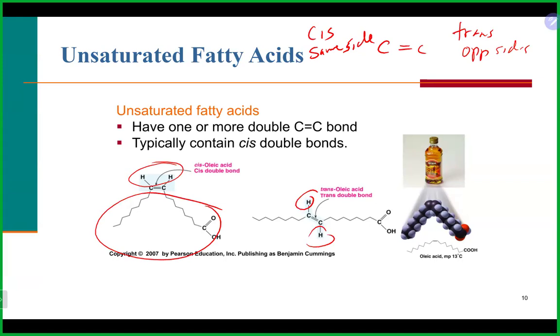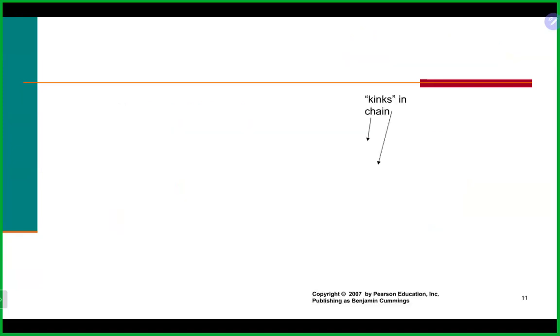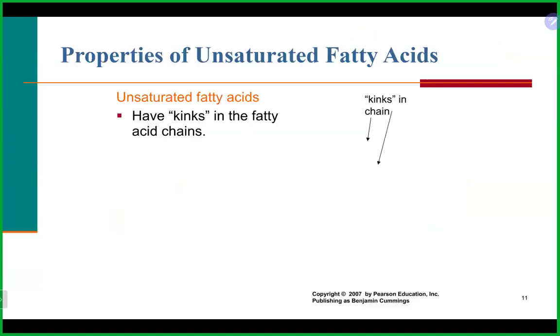Now, one of the effects of having a double bond in an unsaturated fatty acid is, as you can see, especially with this one, that the long carbon chain is no longer nice and neat and organized and straight across. You actually get some kinking that occurs in the carbon-hydrogen chain. And that does create some issues for unsaturated fatty acids.